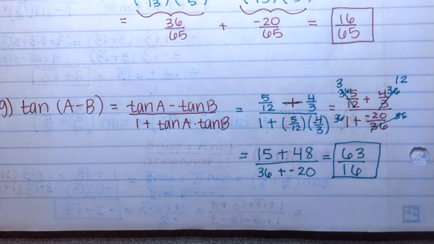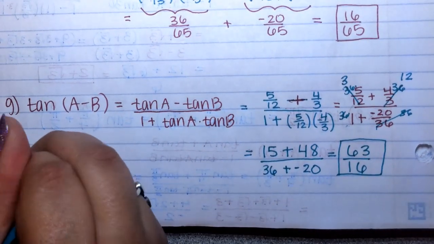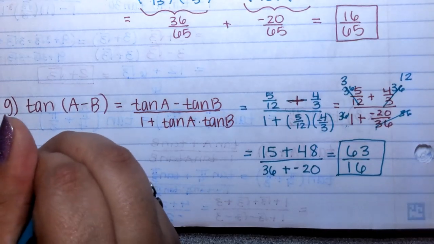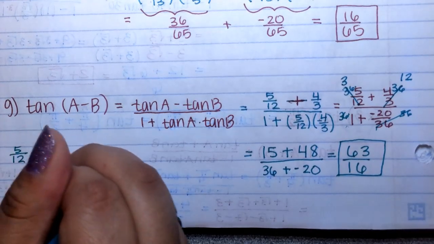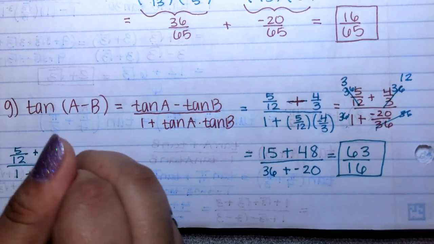Now, you didn't do it like that. I was about to talk about that. There's another way to do this. The other way you could have done this is you could have said, well, what if I just get a common denominator up top and a common denominator on the bottom? Did anybody do that?